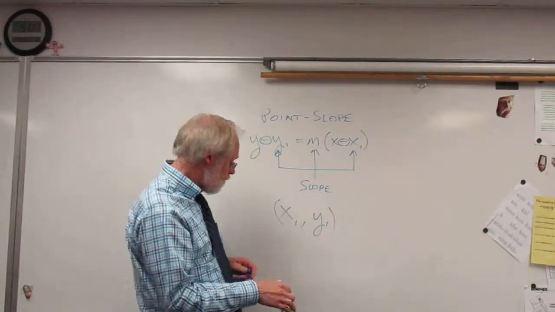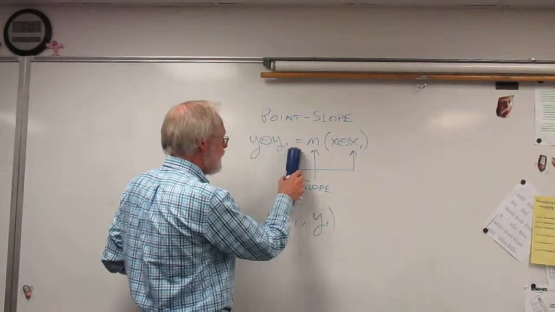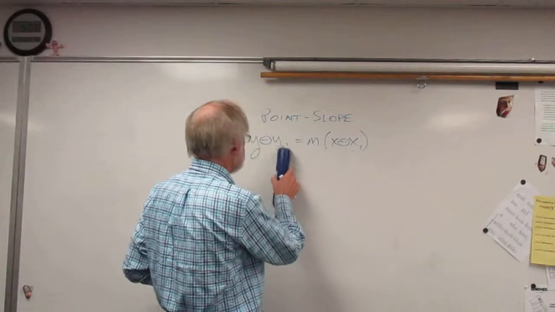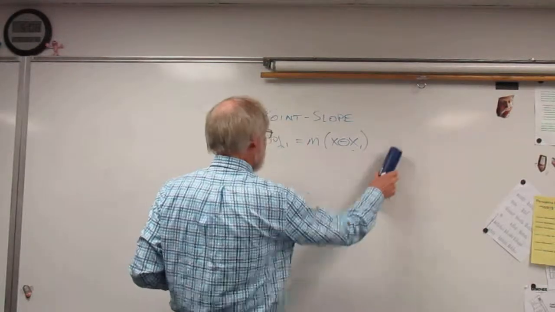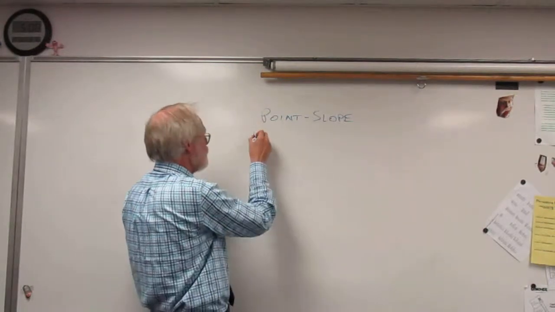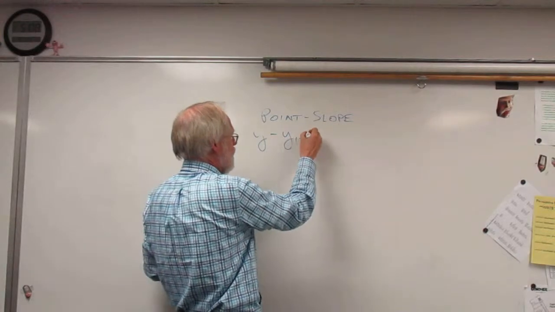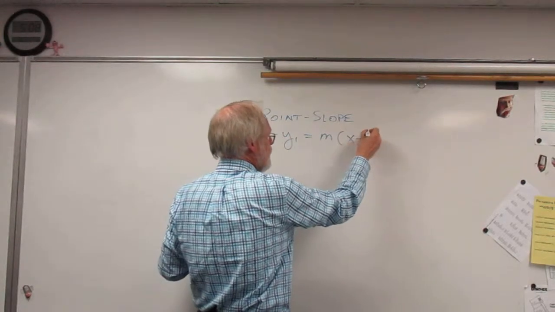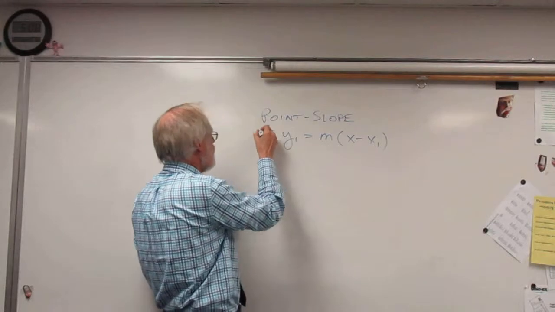Now let's take a look at how we use that. Let's say, for starters, let's make it very easy. Let me rewrite this: y minus y1 equals m times x minus x1. All right.